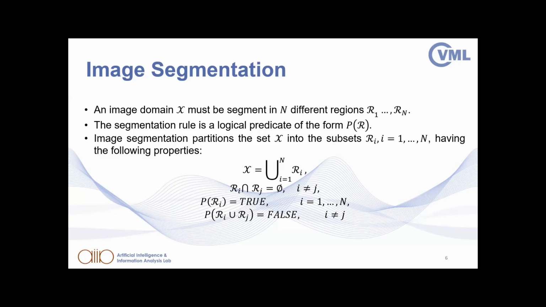The third rule is that the predicate P of Ri is true for all pixels within region Ri, which ensures consistency in its segment. And the last rule is that the predicate P of Ri union Rj is false for overlapping regions, which maintains separation between segments. So in simple terms, we are ensured that each region is unique and clearly defined, which is essential for accurately identifying and analyzing flat areas.